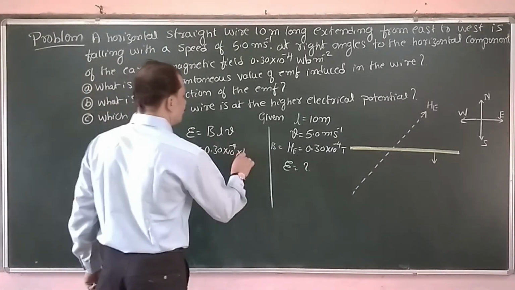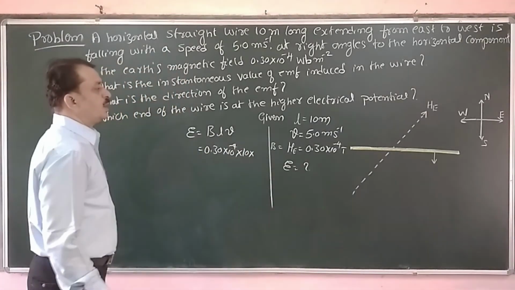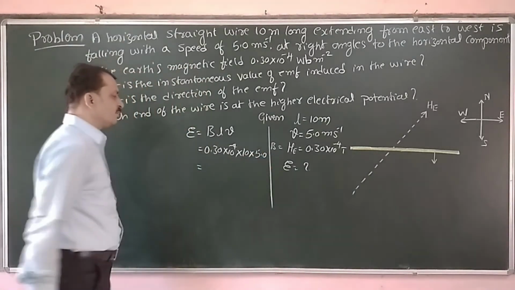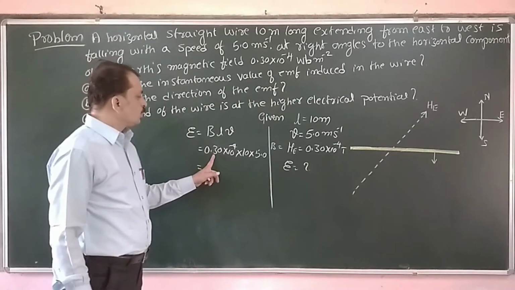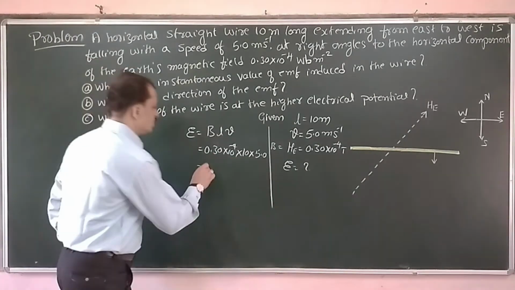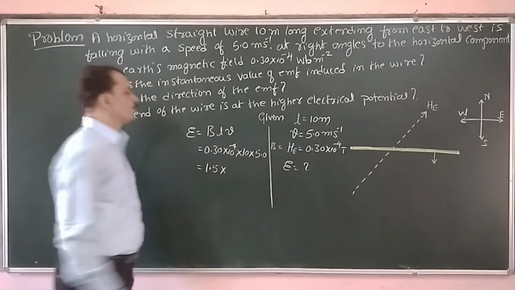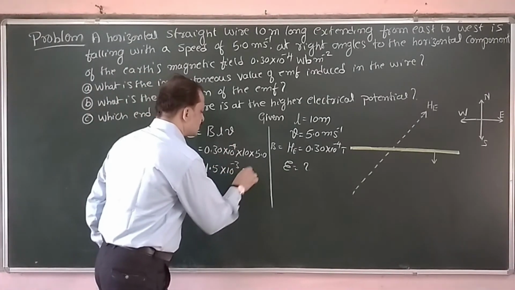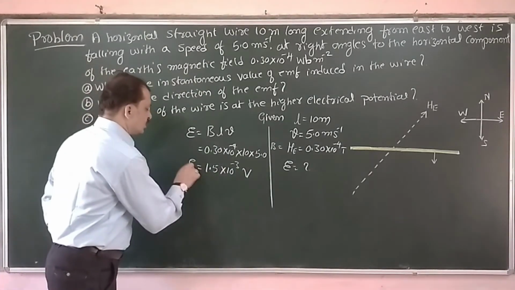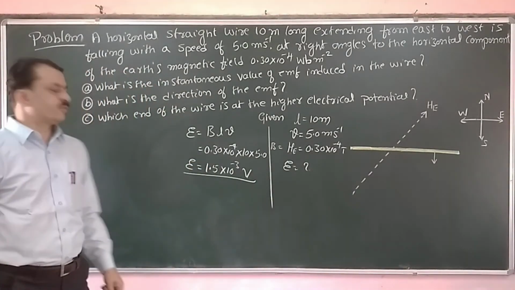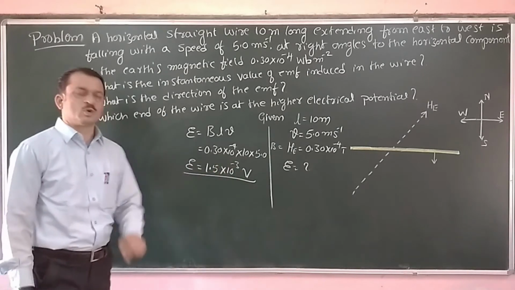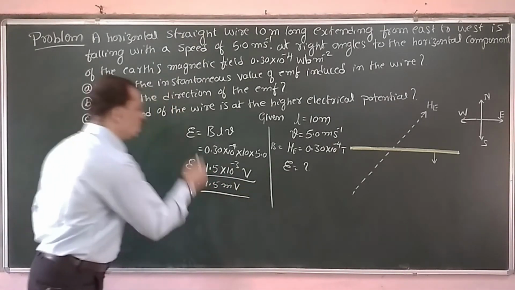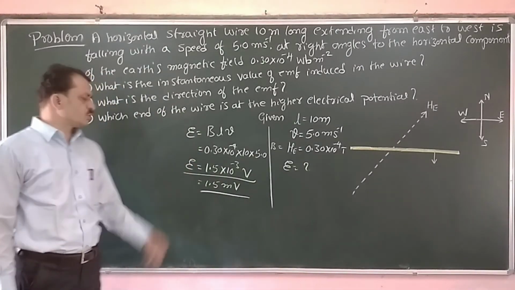Length is 10 and velocity is 5.0. Simple calculation: 0.3 into 5 is 1.5, and 10 to minus 4 and 10 to the power of 1 is 10 to the power of minus 3. The instantaneous value of this EMF is 1.5 into 10 to minus 3 volts, or 1.5 millivolts. This is the induced EMF.